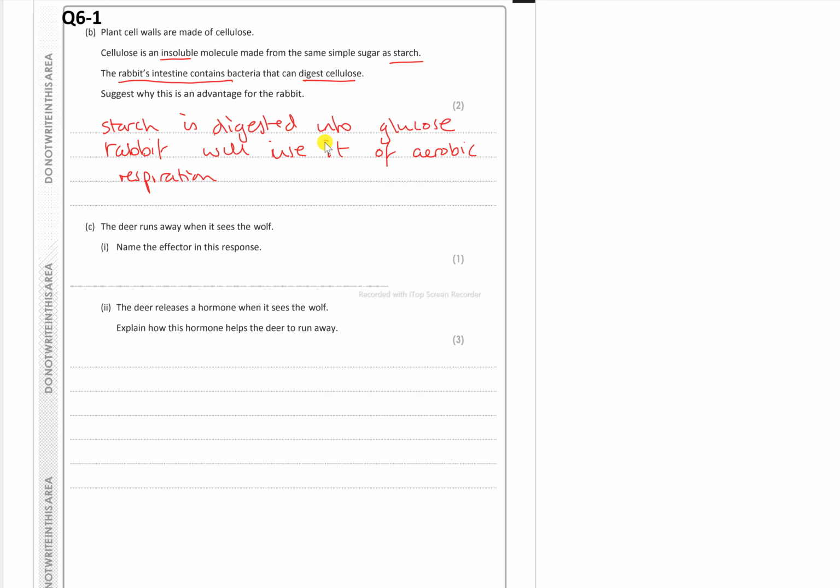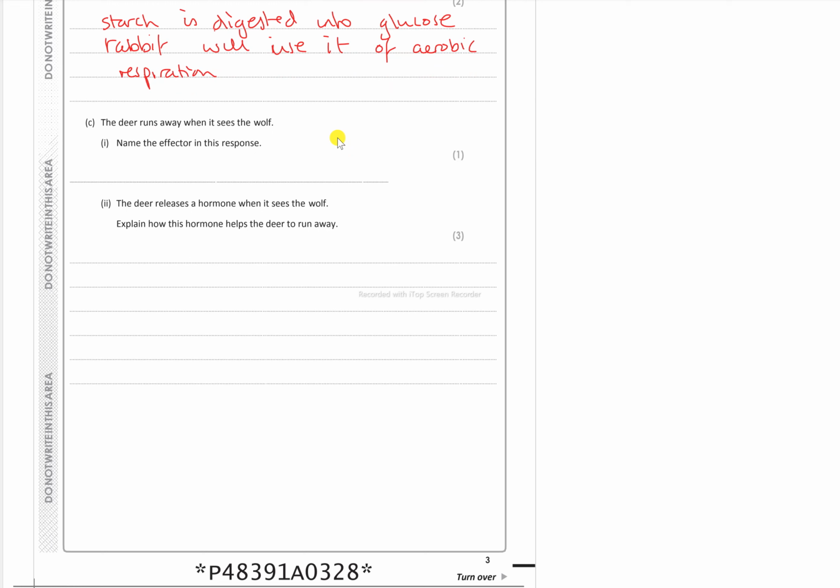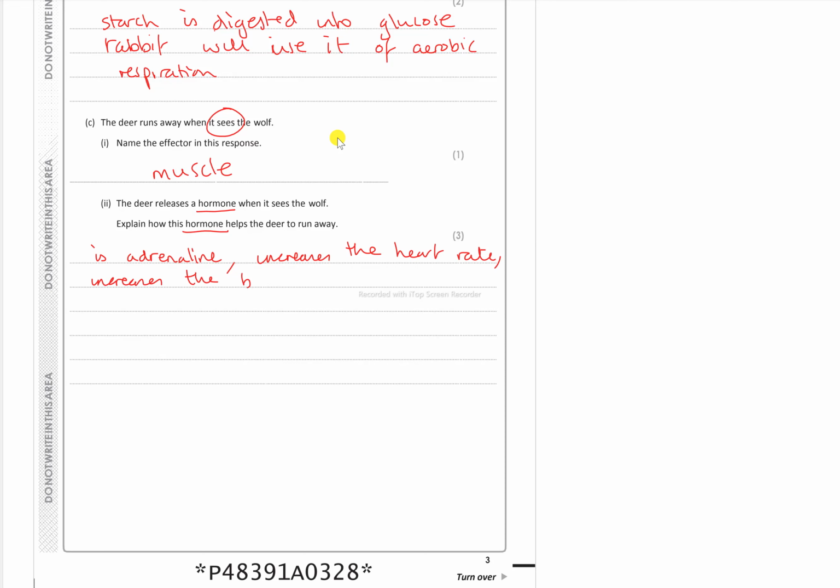For energy. When a deer sees a wolf, the effector is the leg muscles. The deer releases a hormone when it sees the wolf. Explain how this hormone will help it run away. The hormone is adrenaline. It increases the heart rate, which increases the blood flow around the body.